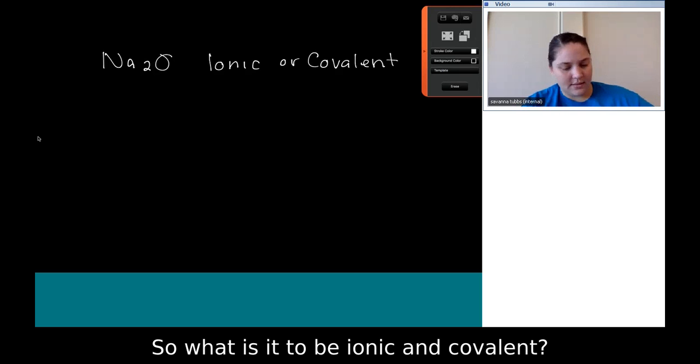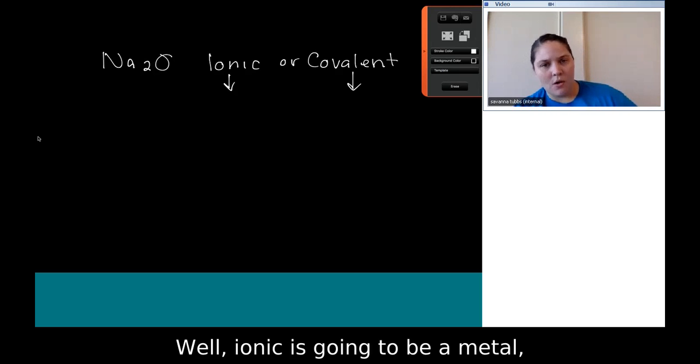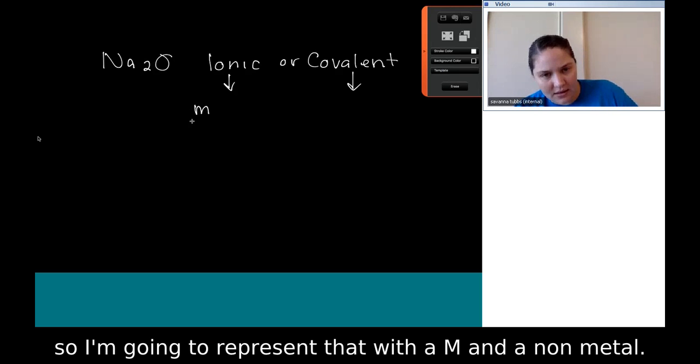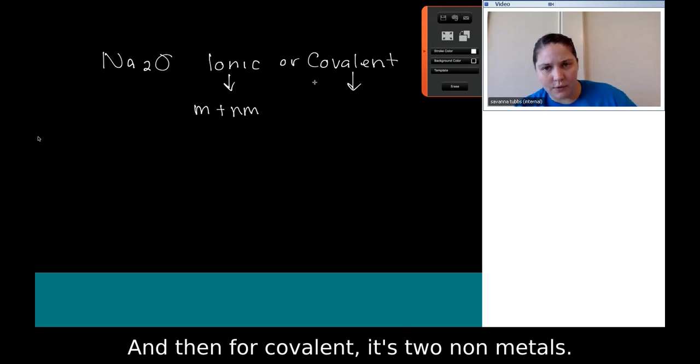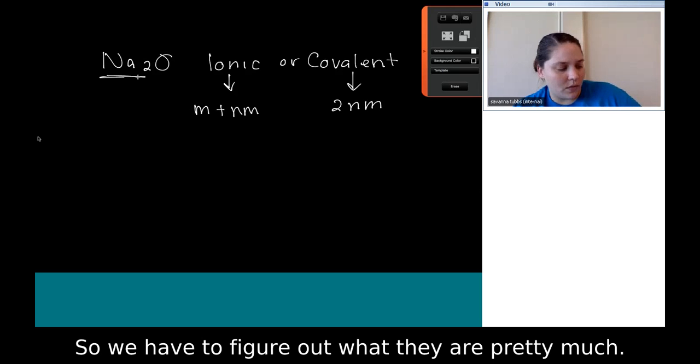What is it to be ionic and covalent? Well, ionic is going to be a metal, which I'm going to represent with an M, and a nonmetal. And for covalent, it's two nonmetals. So we have to figure out what they are.